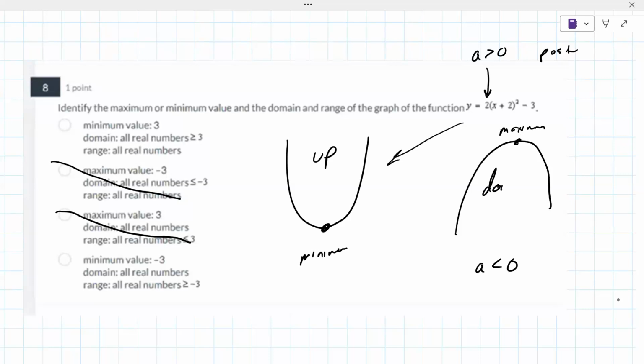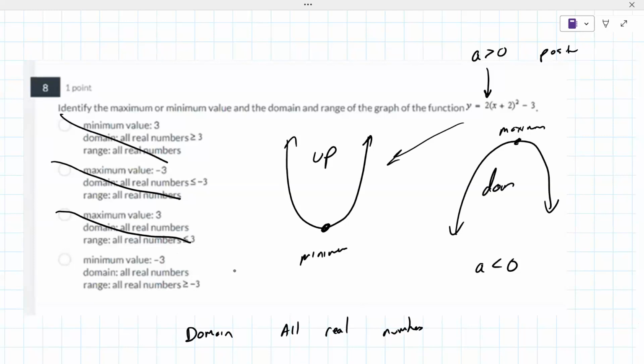Is this new to you? No. Okay, so that's how we get down to, it's got a minimum. The other thing here is that the domain for all parabolas is always all real numbers. So you can use some other strategies to get rid of answers.